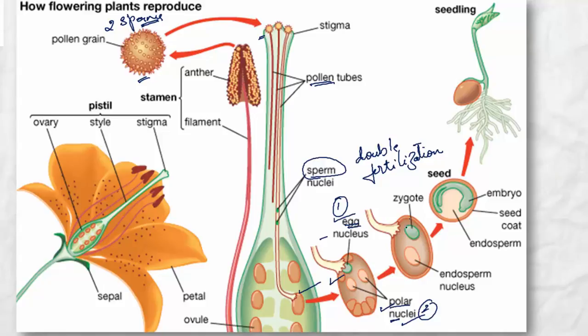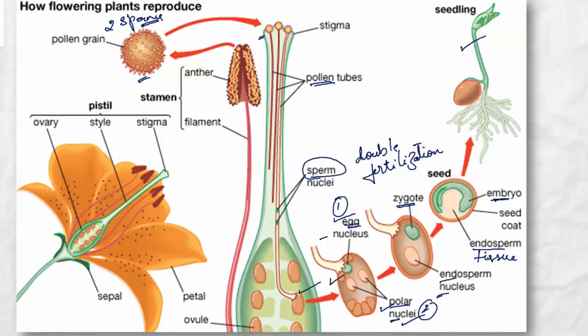The egg nucleus turns into a zygote after fertilization. This zygote enters into multiple divisions and becomes an embryo from which the plant develops. Whereas the polar nucleus becomes the endosperm nucleus after fertilization and develops into an endosperm tissue.